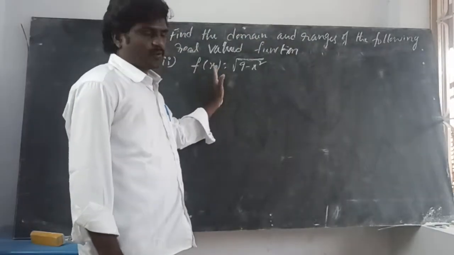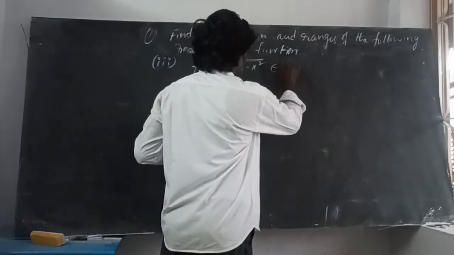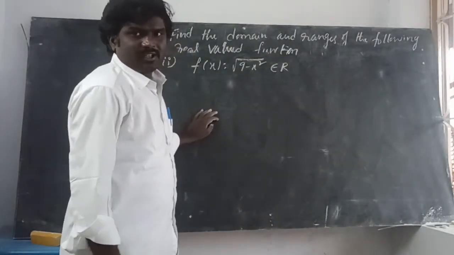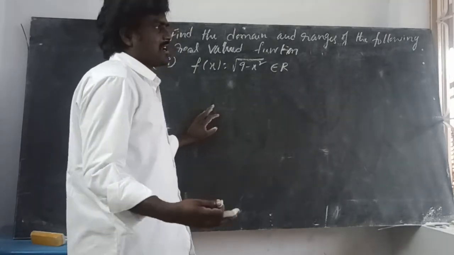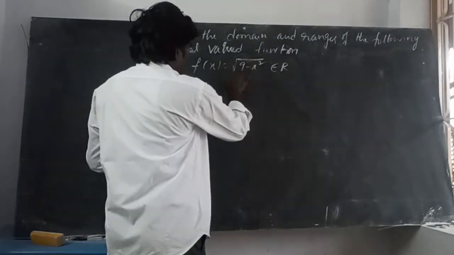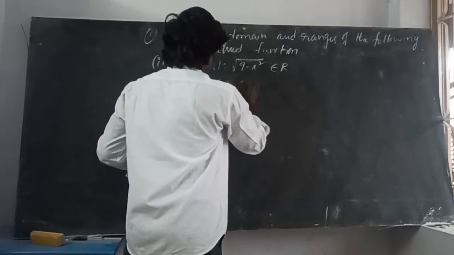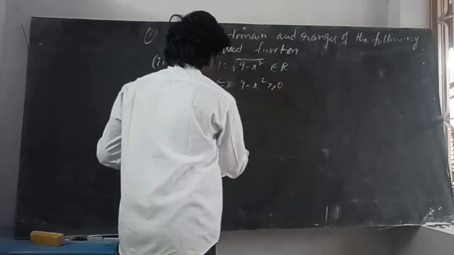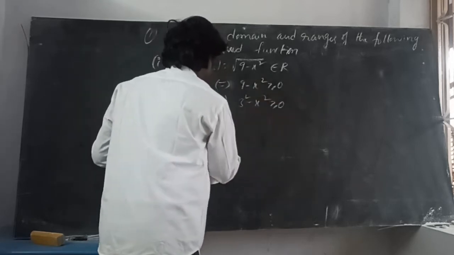f of x is equal to square root of 9 minus x square. The functions are real valued functions, that means the function values are real numbers. So here the square root of any value is greater than or equal to 0, so 9 minus x square is greater than or equal to 0. 9 we can write as 3 square, minus x square is greater than or equal to 0.